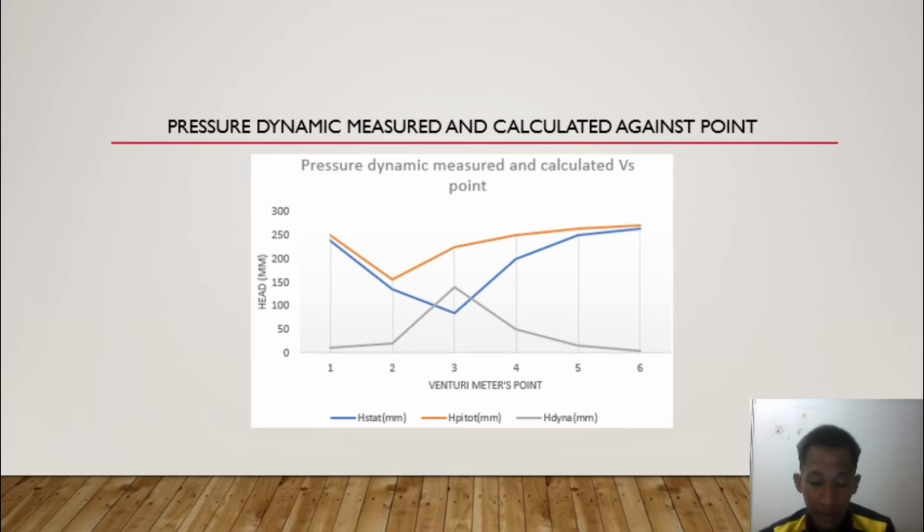Cross-sectional area decreases as the pattern progresses from point 1 to 3, increasing the velocity of the moving fluid and consequently the dynamic pressure. We may infer that this experiment was successful based on the data collected, as it demonstrated that the flow rate manipulates the dynamic pressure.